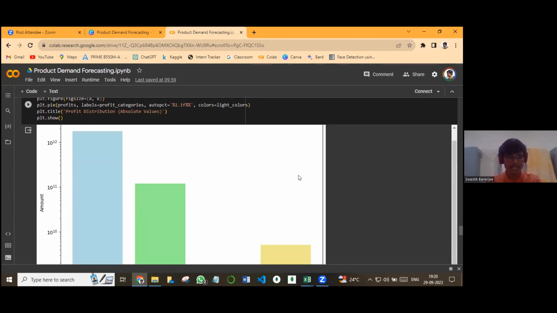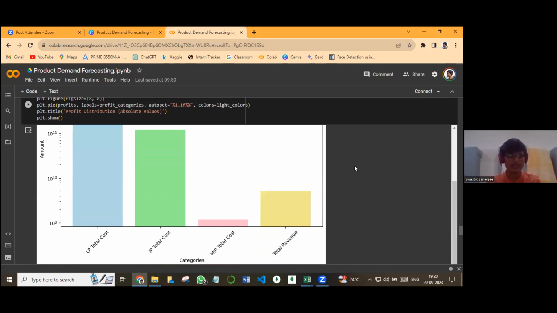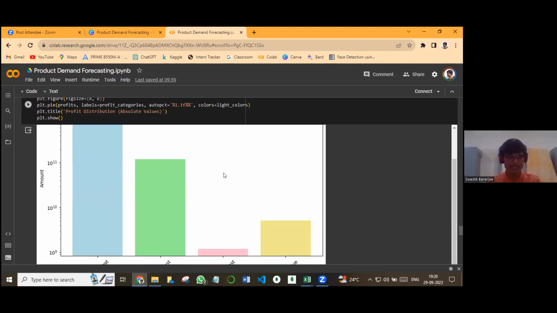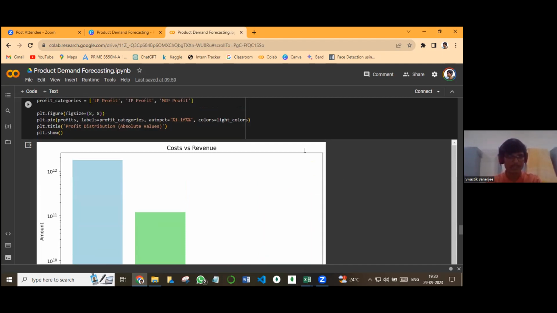As you can see, I've used Matplotlib to visualize the cost versus revenue parameters, where we have categories of LP total cost, IP total cost, MIP total cost, and total revenue. The total cost of LP is the largest, IP is middle, MIP is very less. The total cost of achieving the results is the least in case of MIP, and the total revenue is this much.